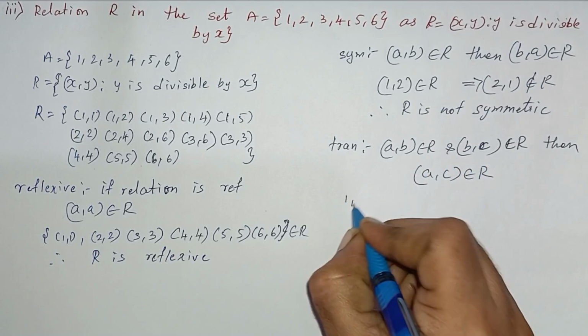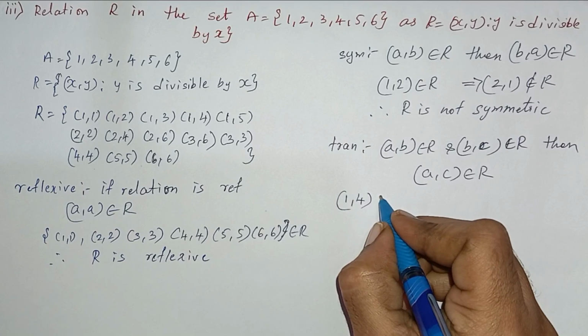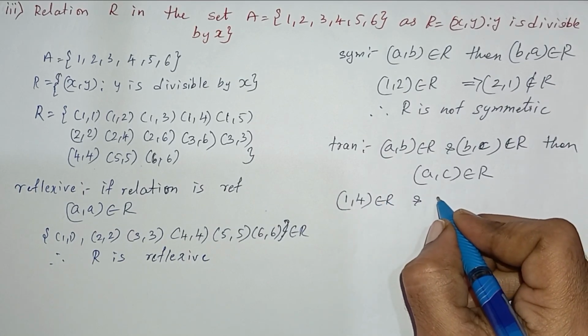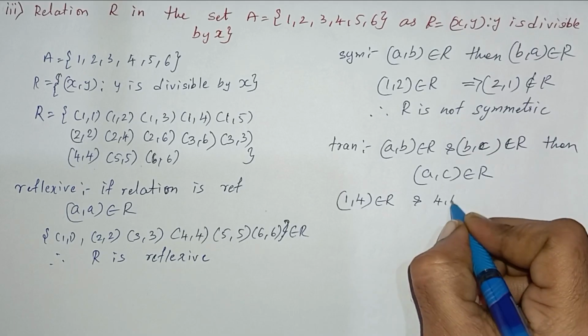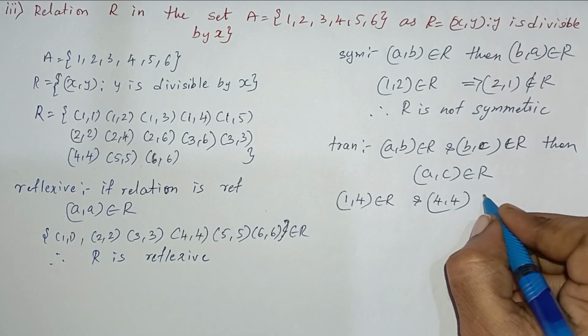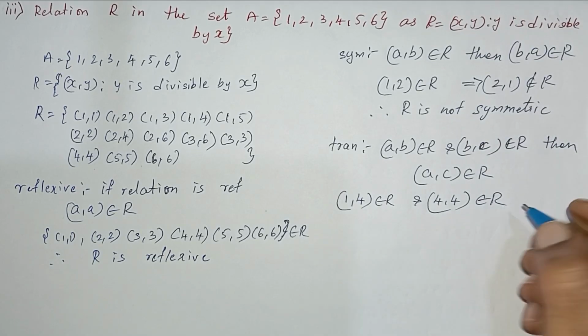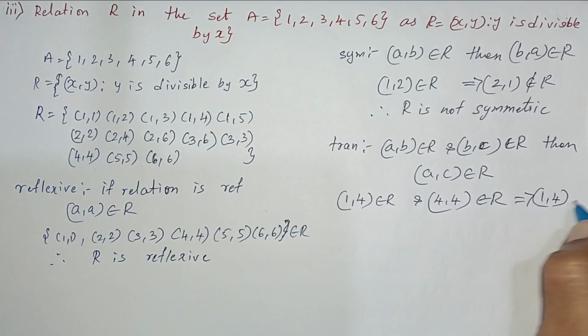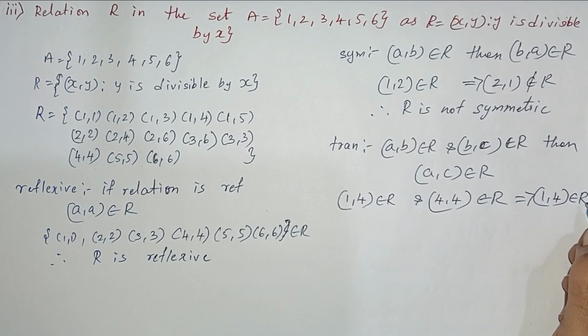If we take 1 comma 4 belongs to R and 4 comma 4 belongs to R, this should imply that 1 comma 4 should belong to R.